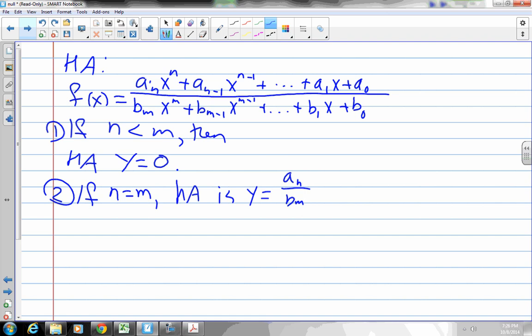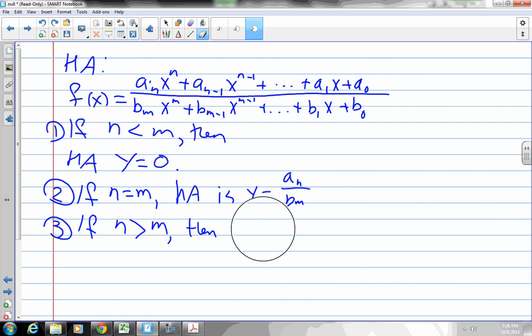And finally, if the degree of the top is bigger than the degree of the bottom, so big over small, then there is no horizontal asymptote. Sorry, show no horizontal asymptote.